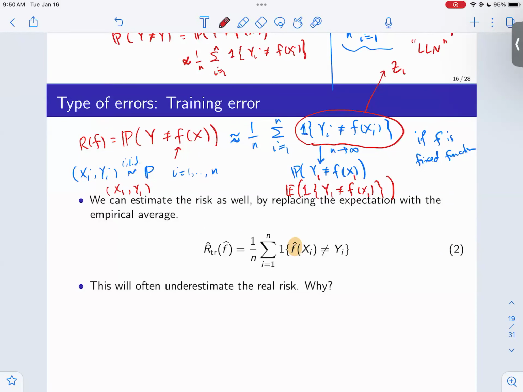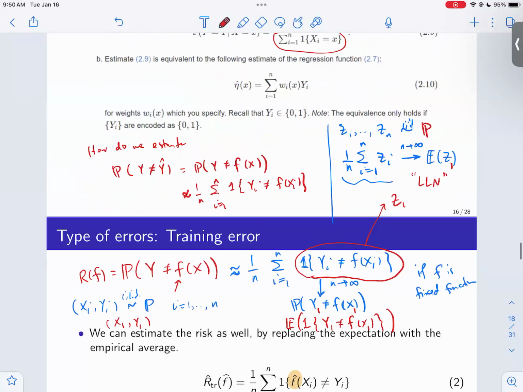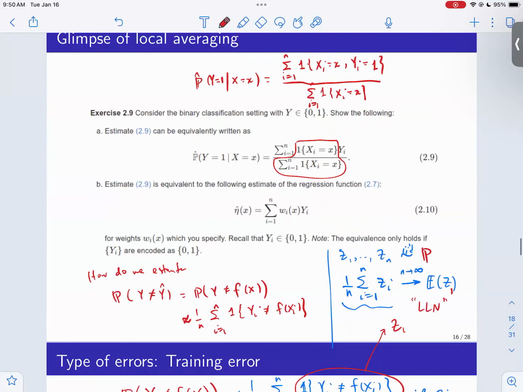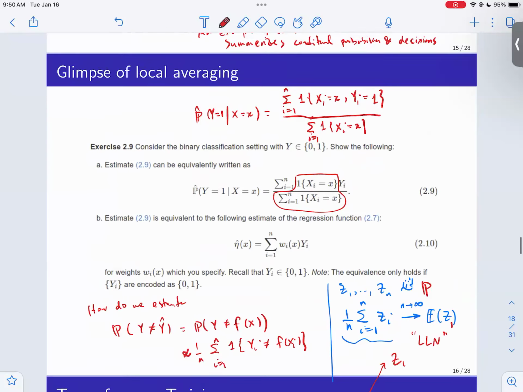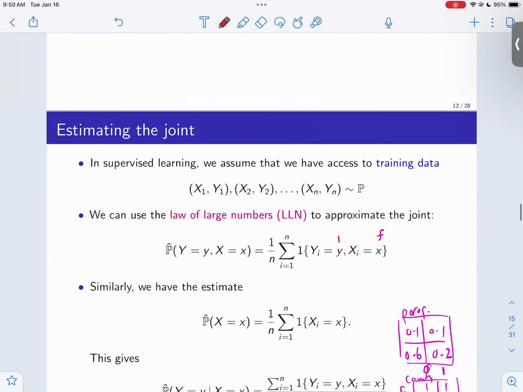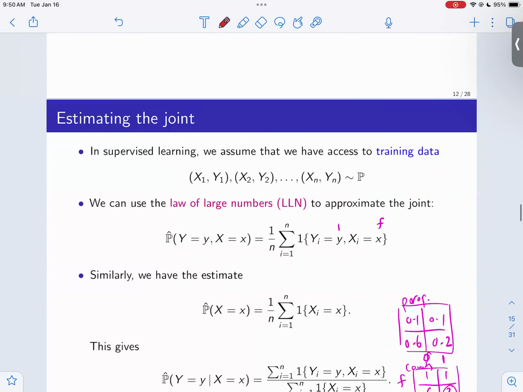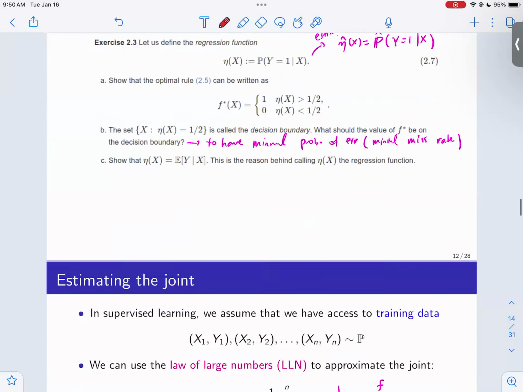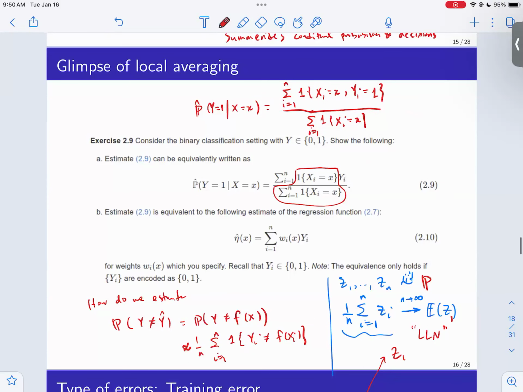I mentioned last time that this would underestimate the real risk. In fact, if you look at the plug-in estimator that we did, this is the estimator that goes into the optimal rule. You do this estimate and then compare it with 1/2.